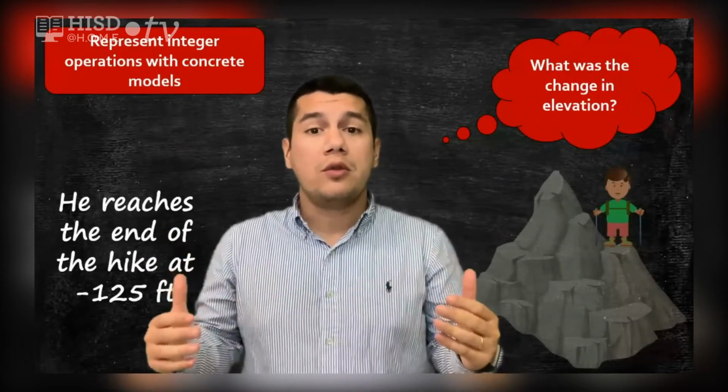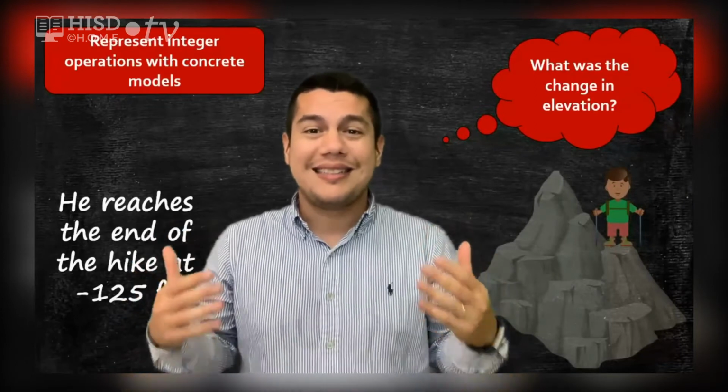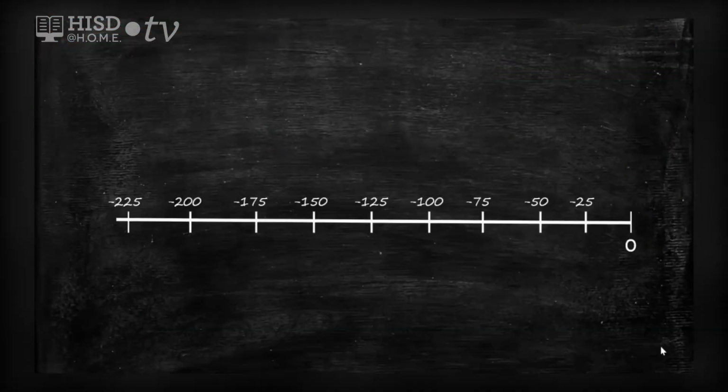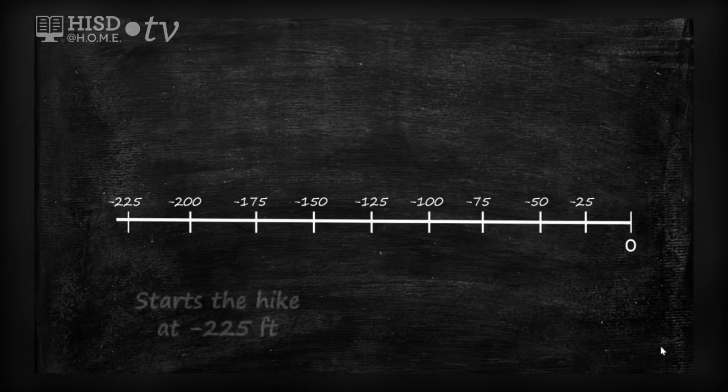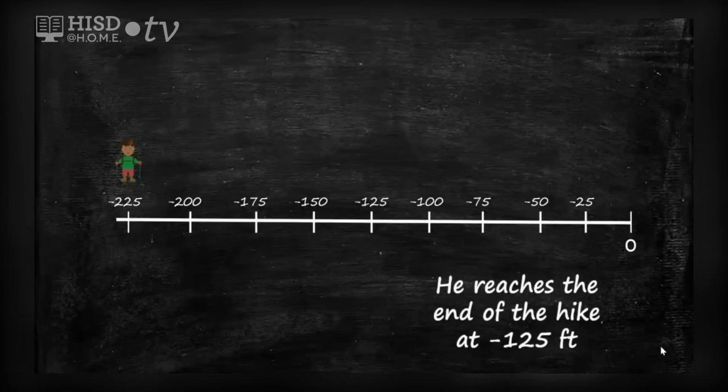In order for us to be able to do this, we need to explore how to subtract integers. So let's get to work. In order for us to complete this problem, we are going to use a number line. We're going to start with the hiker being at negative 225 feet. And now as we can see, he's going to reach the end of the hike, which is at negative 125.